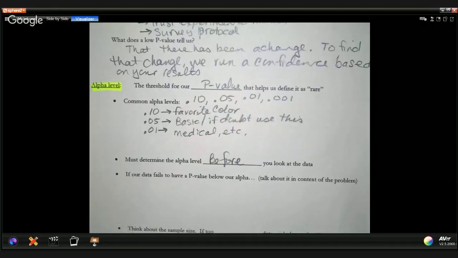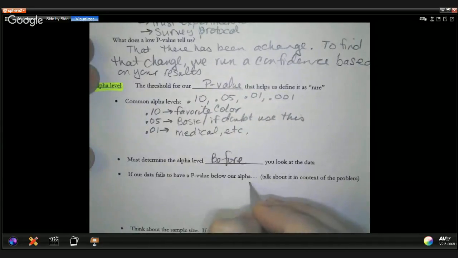If you have a p-value that's below our alpha value, then we reject. If our data fails to have a p-value below our alpha, then we didn't meet it, right?